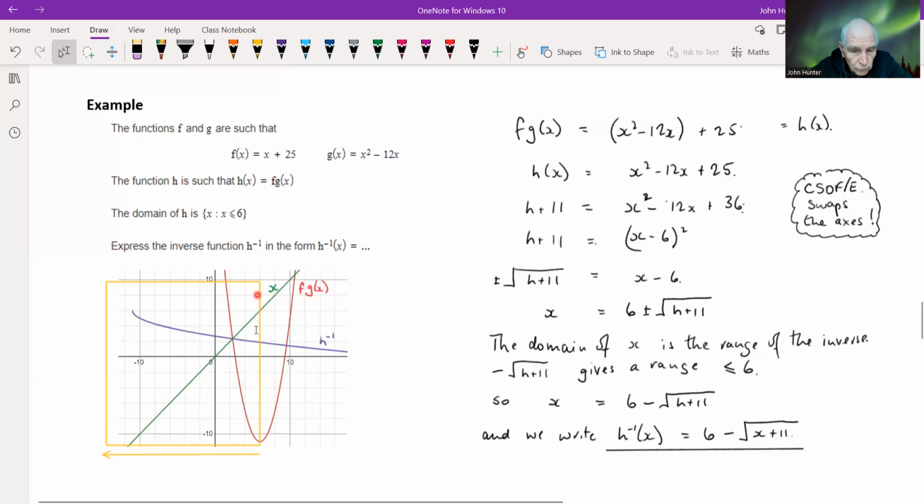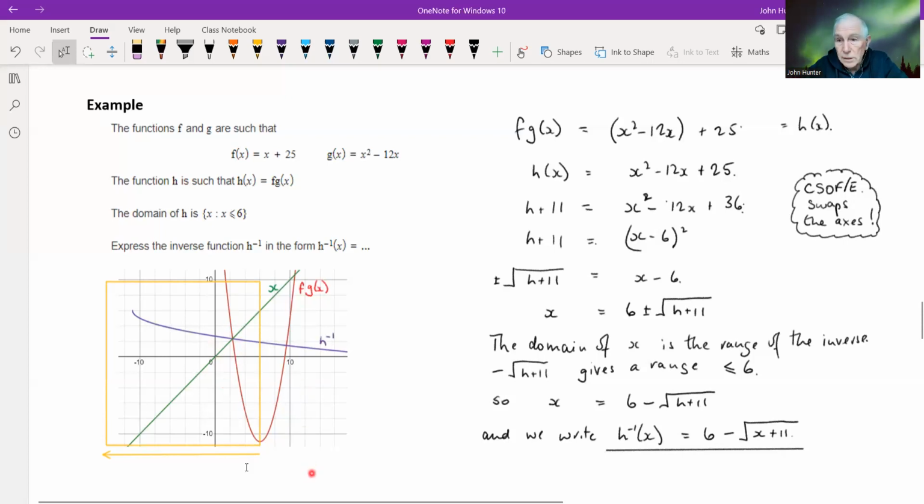So if we just constrain ourselves to x is less than or equal to 6, then you can sort of see here, can't you? We've got this line here and this line here, and y equals x sort of bisects the two, so that the red and blue are reflections of each other in that green line.